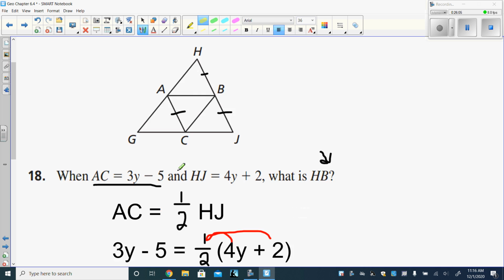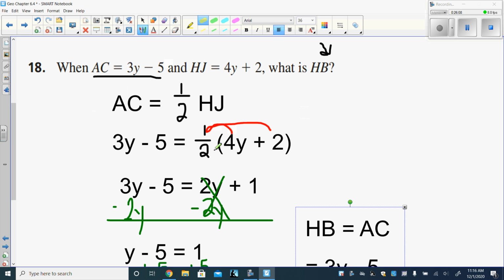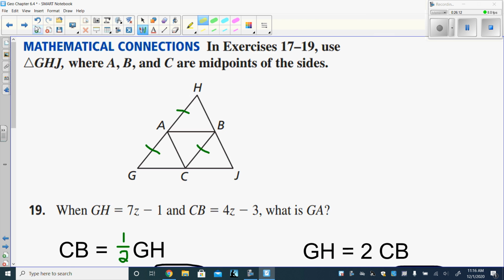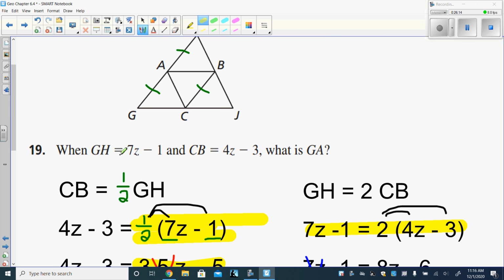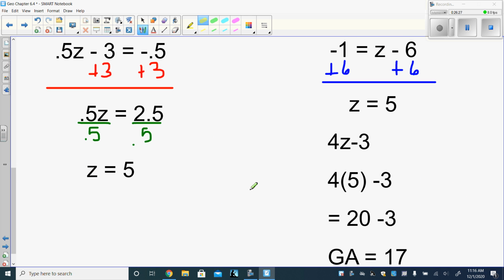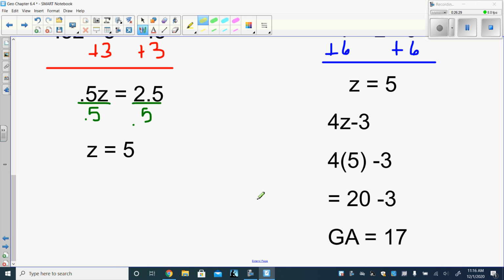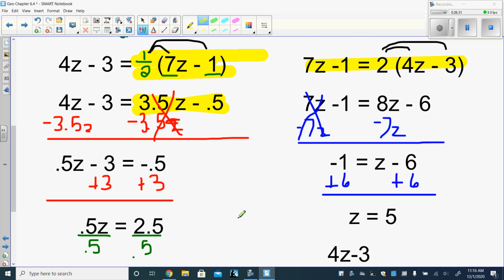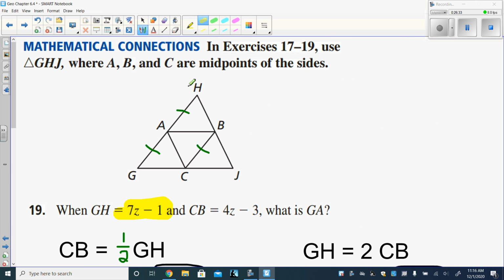Now, all the ones we did previously, it worked out that when I multiplied through by 1/2, I got whole numbers, because those two numbers were even. This one didn't, because 7z minus 1 was not even numbers. When we multiply by 1/2, it will not give us whole numbers, so it doesn't work out as well. But we can still do it and get the same answer. We just have to deal with some decimals, and that's the only real difference.